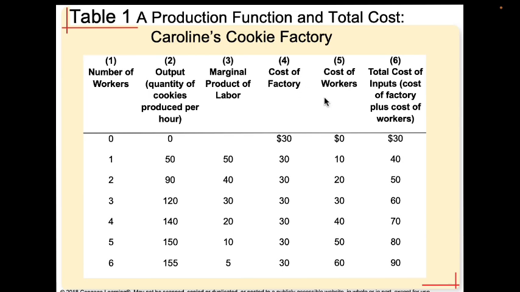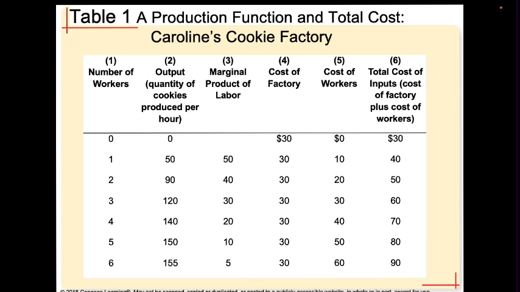Columns 4 and 5: the factory is a fixed cost, and a fixed cost is a cost that has no relationship to what is being produced, whereas the cost of workers would obviously be linked with the output of the firm. The total cost is summing columns 4 and 5 up, the variable cost and the fixed cost together. So the cost of workers is the variable cost, and the fixed cost is the cost of the factory, and you end up with the total cost of inputs.